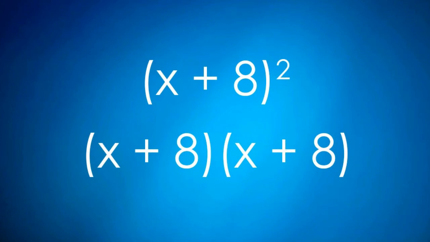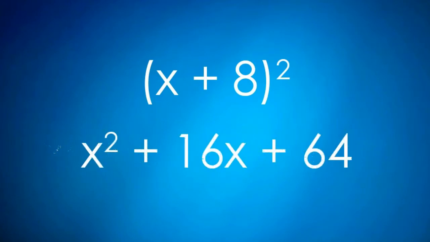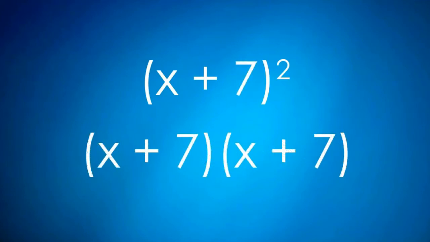Consider we have quantity x plus 8 squared. This equation is equal to quantity x plus 8 times quantity x plus 8 when expanded. By using the FOIL method, the equation will be equal to x squared plus 8x plus 8x plus 64. Combining similar terms, the equation will be equal to x squared plus 16x plus 64, since 8x plus 8x is equal to 16x. Consider we have quantity x plus 7 squared.